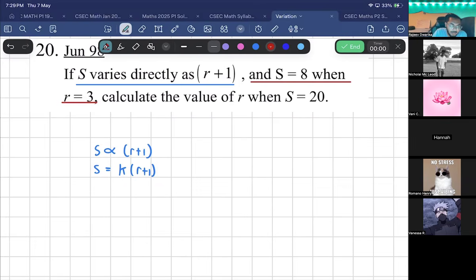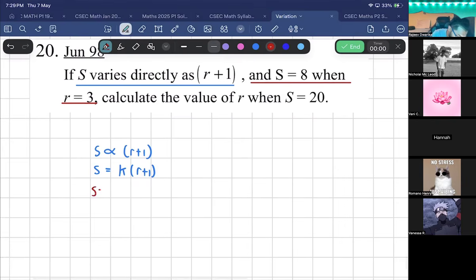An ordered pair is just a numerical value for X and a numerical value for Y. You can't really figure out anything with a letter, right? So you need to use a given piece of information that gives you numerical data. Like S is equal to 8 and R is equal to 3. Yes. So I know S is equal to 8 and I know that R is equal to 3.